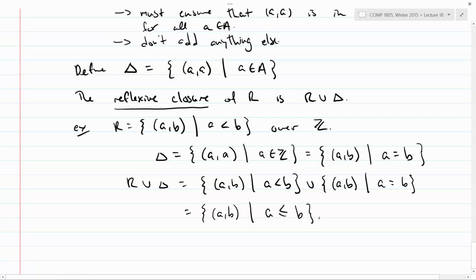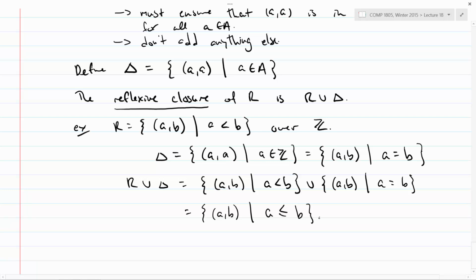So the reflexive closure of the less than relation is the less than or equal to relation. Does that make sense? Okay, if this makes closures seem easy, don't worry, it gets more interesting.